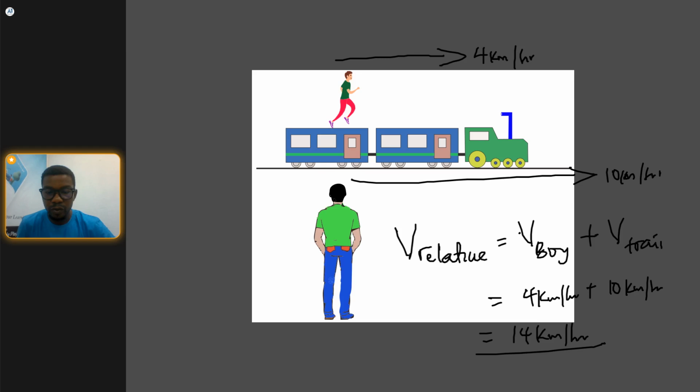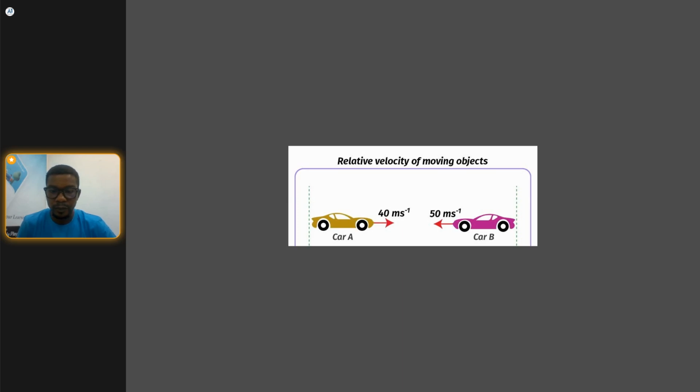So permit me to bring up another picture to explain what the third one will look like. Okay, this time around, we'll be using this. All right, now we want to consider the third fact, the third point on relative motion.